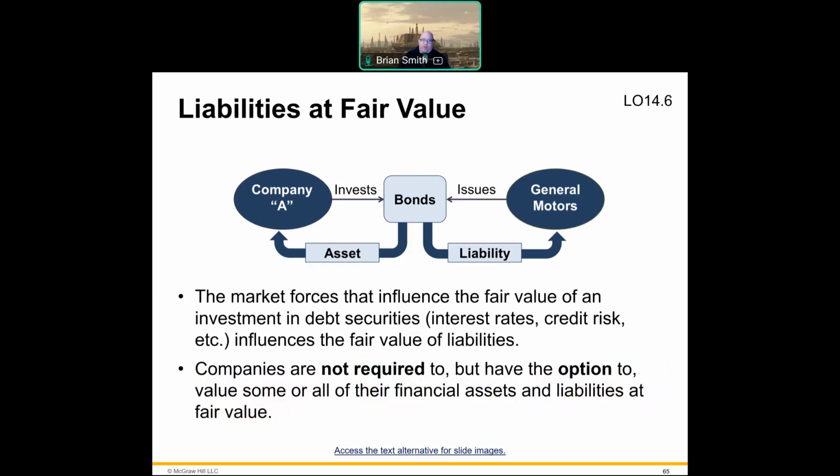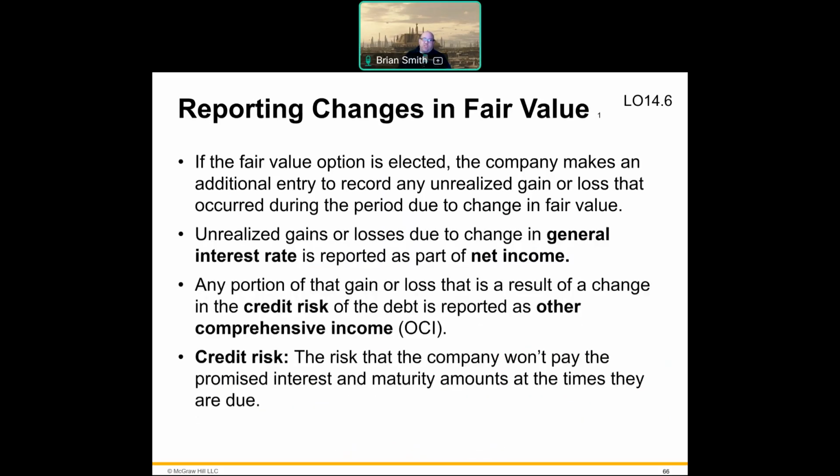Okay, liabilities at fair value. You can hold some of them at fair value if you want. Some can, some can't. Some are required, some are not. Just know that that's an option or an ability. Okay, for liabilities, reporting changes in fair value. We're gonna put the changes in the other comprehensive income section.